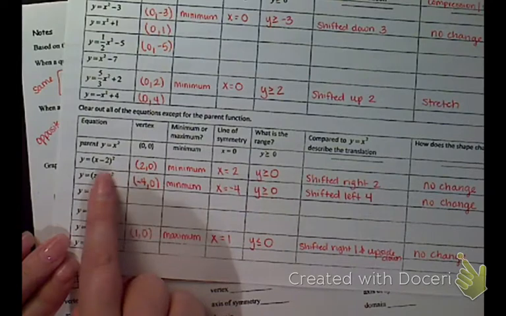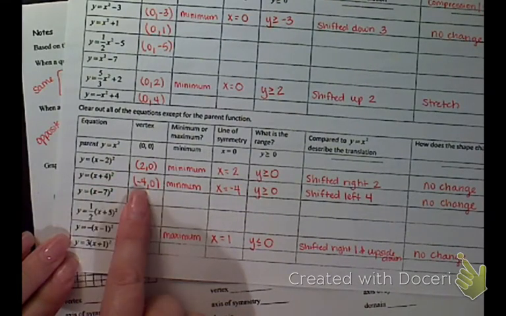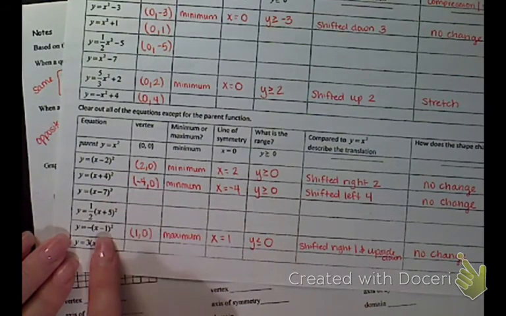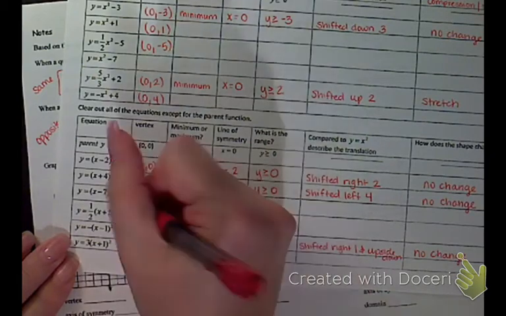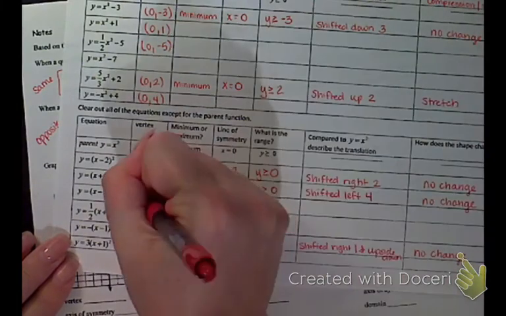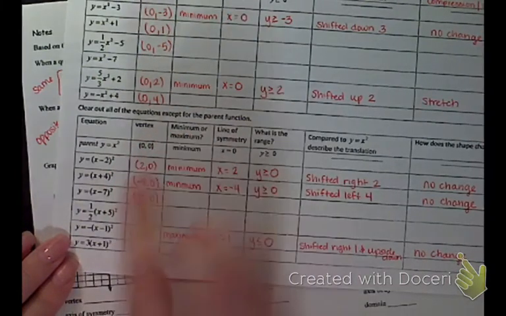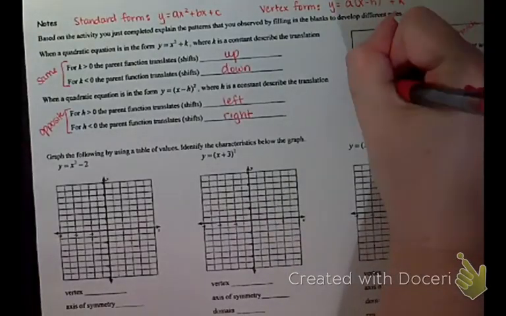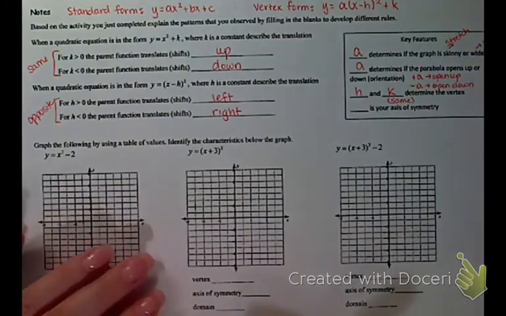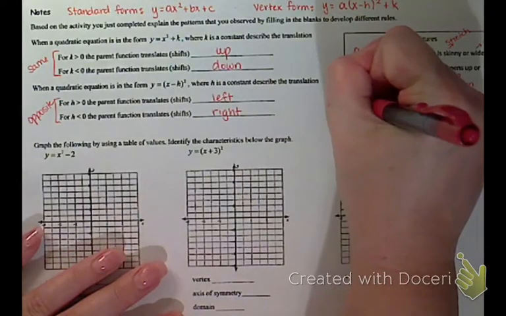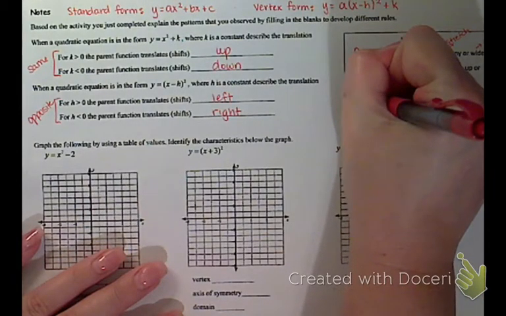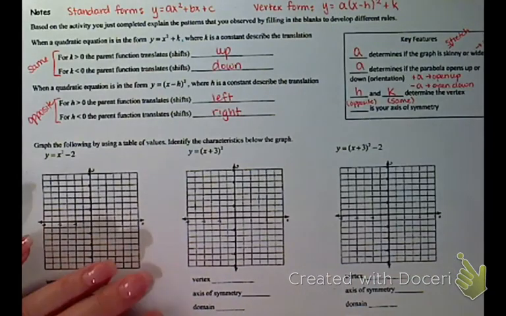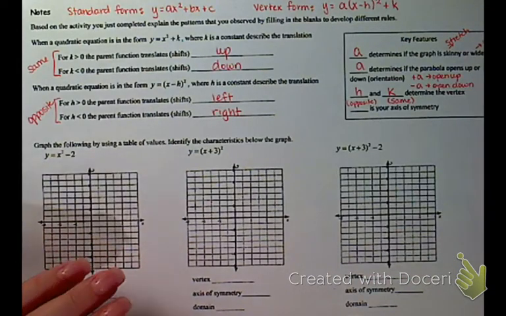I had a +4, and it became a -4. I had a -1, it became a +1. I can tell you this vertex is 7, 0. So it was negative, it became positive. So h is the x value of my vertex, and this is always going to be opposite of what you see. Okay, it's always going to be opposite.